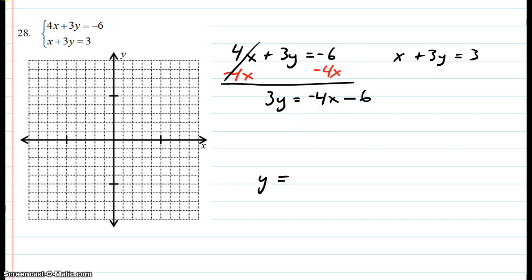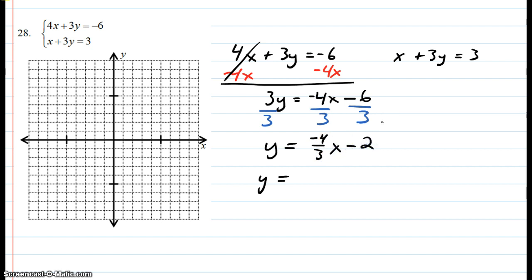Now we divide by 3. And so we end up with y equals 3 can't go in the 4, just leave it as a fraction, negative 4/3 x minus 2.